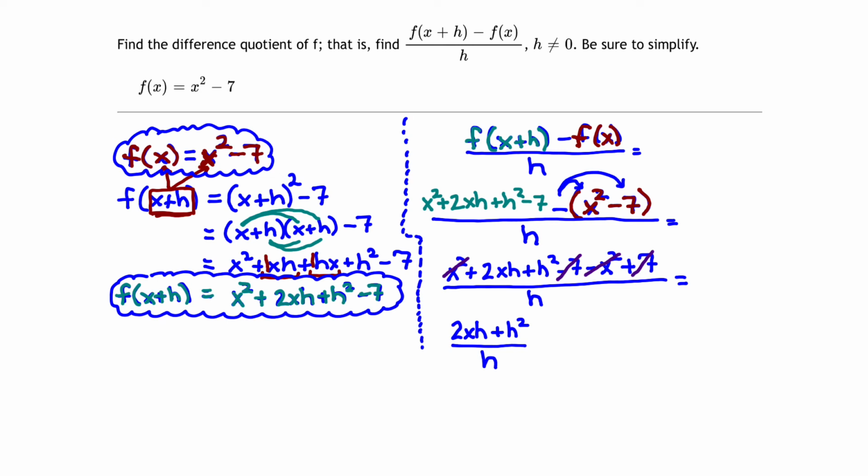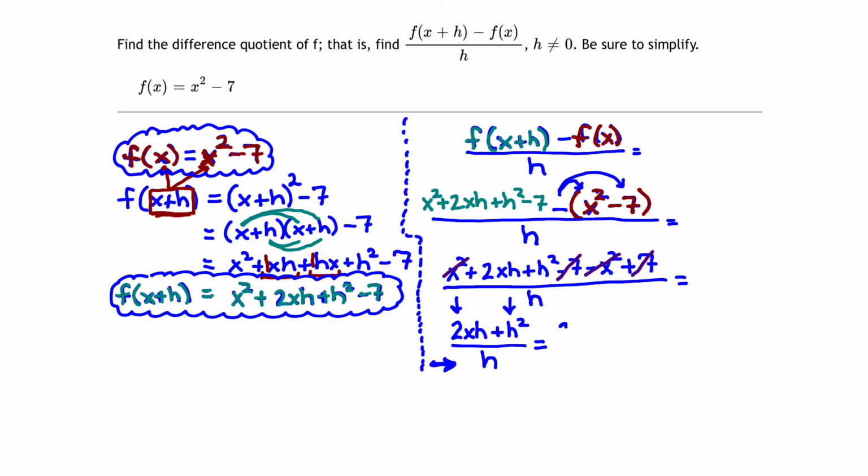And we're almost done. Do you see that there's a lot of h's in this rational expression? Now, in order to cancel an h from the denominator, we need to have it appear in the numerator. In other words, there's a rule in math that tells us in order for h to cancel in the bottom, it has to also appear in every term in the numerator, and it does.